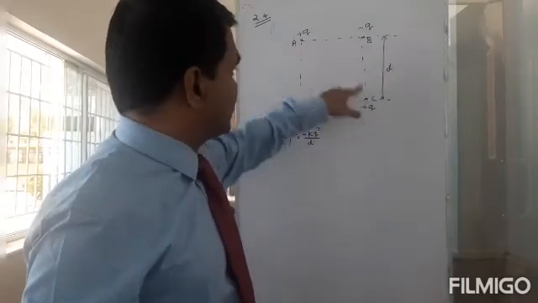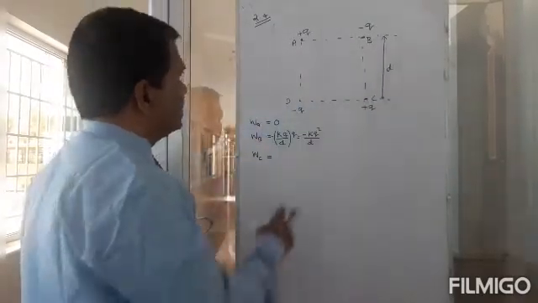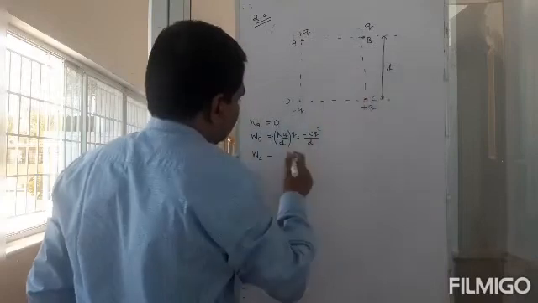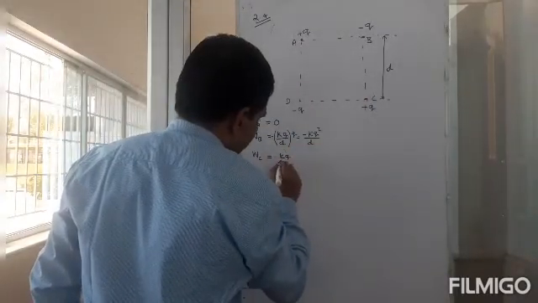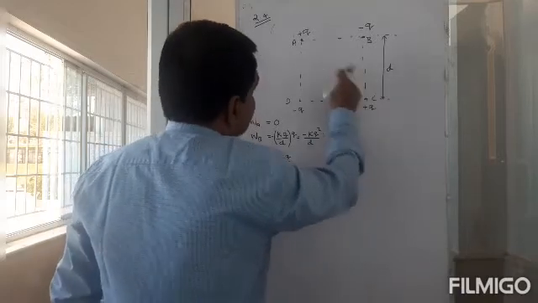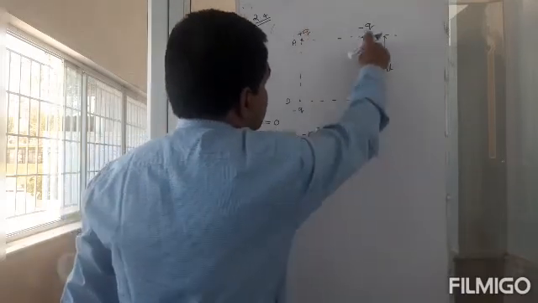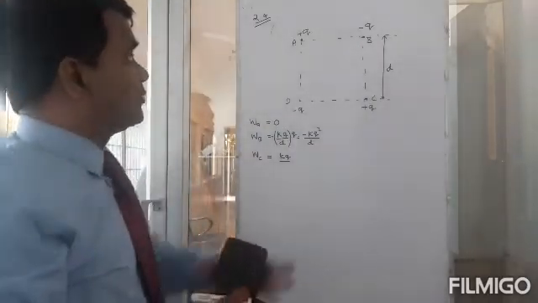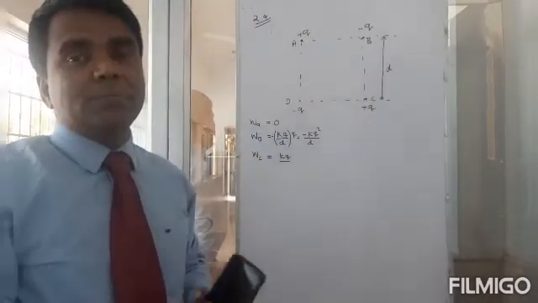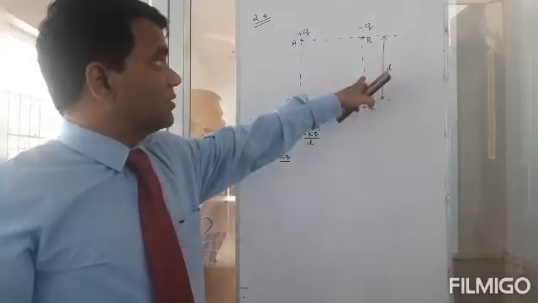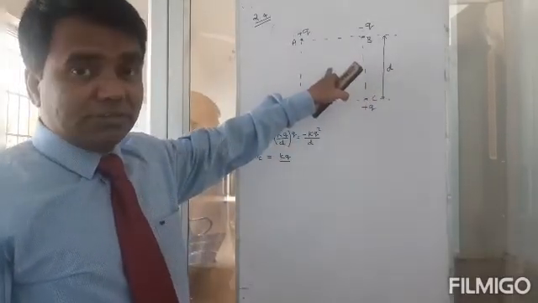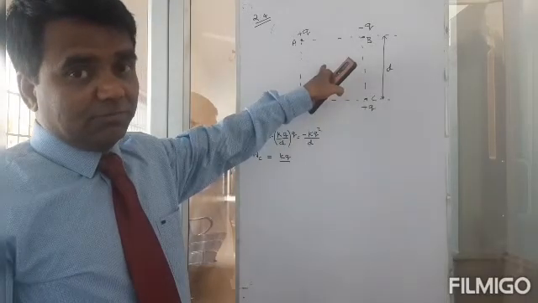Potential due to plus Q at this position is what? It's going to be K Q by, what is the distance here? D, and this would be D squared plus D squared, right?